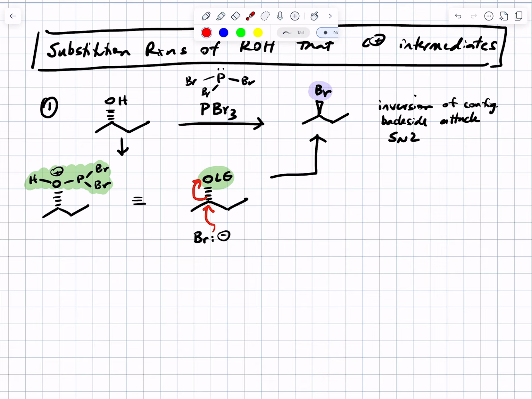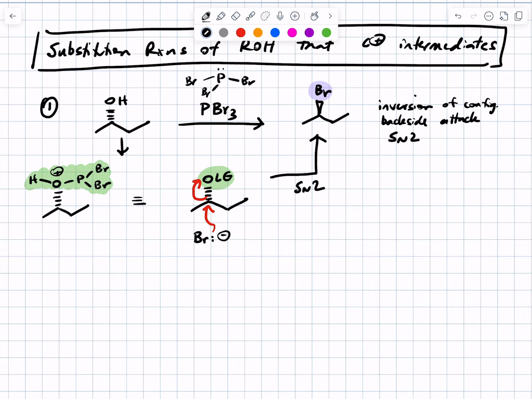If you want to see how this happens, the mechanism is in your text, but I'm not holding you responsible for it. But you better know that this reaction converts OH into a good leaving group, and then Br replaces that good leaving group in an SN2 reaction.